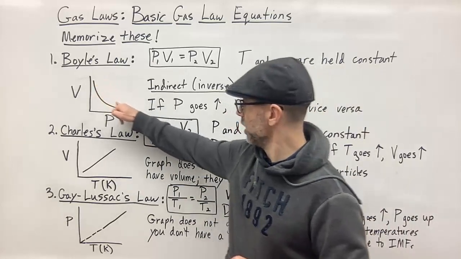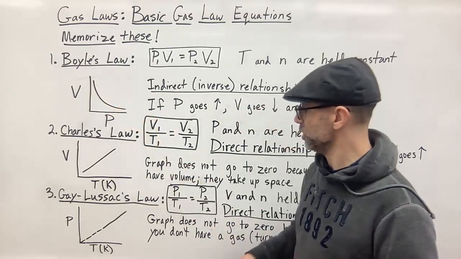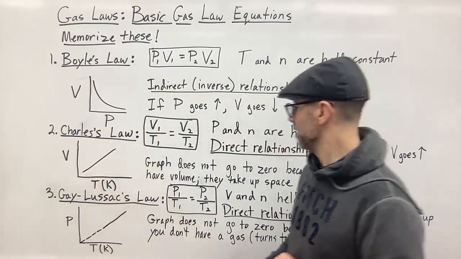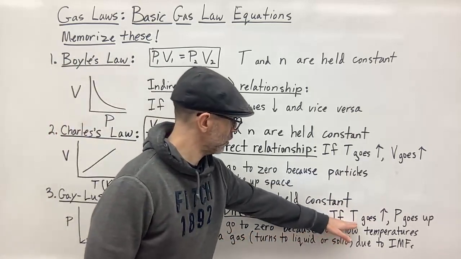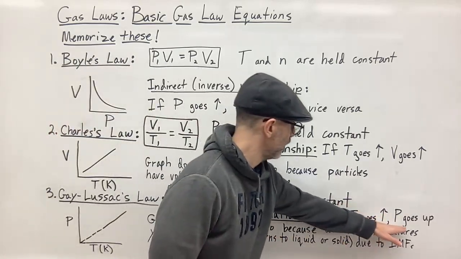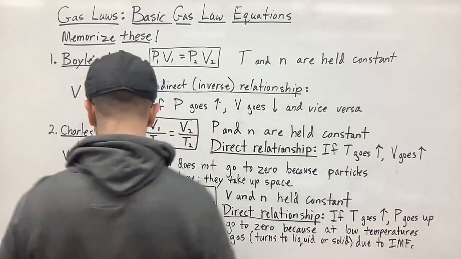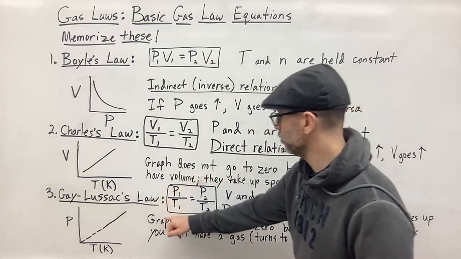This curved line here is indicative of an indirect or inverse relationship, and this is indicative of a direct relationship. And so the direct relationship is that if the temperature goes up, then the pressure is going to go up. And so this is the equation for Gay-Lussac's law.